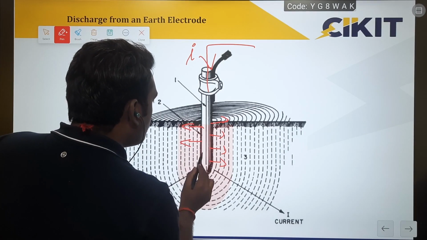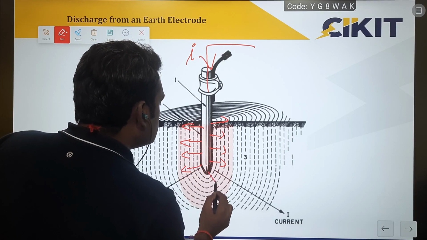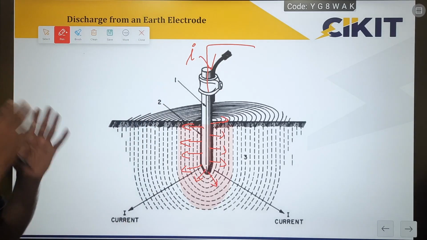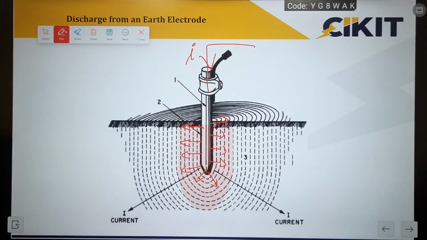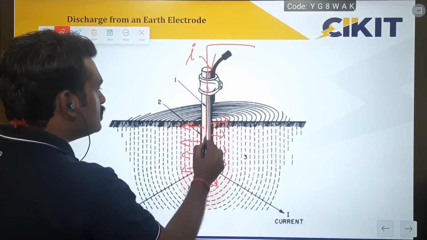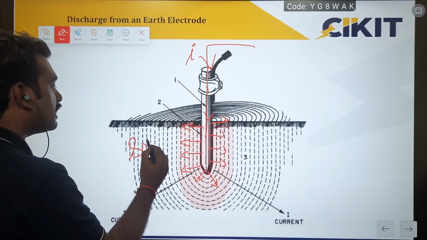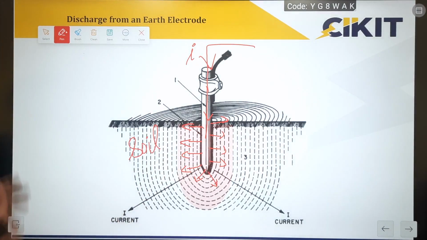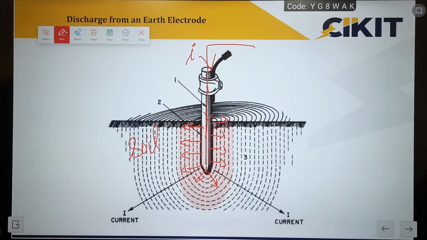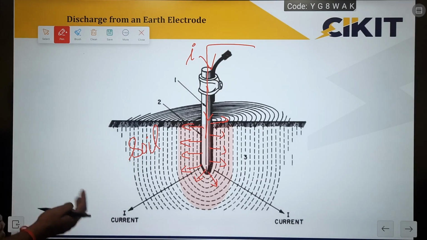Here we need to understand that the discharge is taking place from one medium to another medium. The earth electrode, which receives the energy, is the first medium, and the soil surrounding this rod is the second medium. So the conduction is taking place from one medium to another medium, and not in the same medium itself.